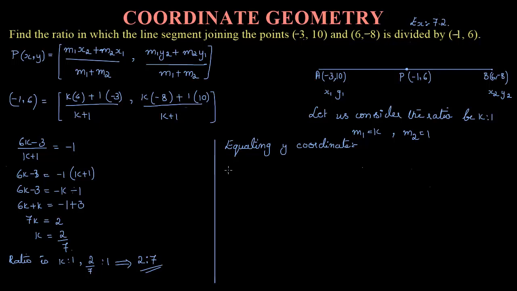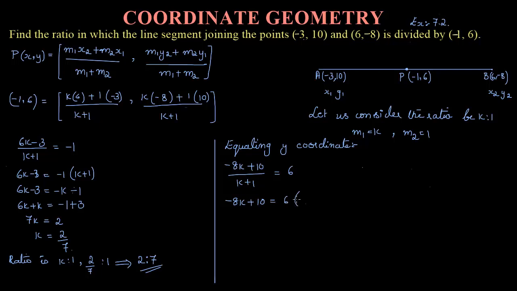So y coordinate here and here is the second part, right? So k into minus 8 is nothing but minus 8k plus 10 ones are 10, divided by, again here also k plus 1, which is equal to the second part of this, which is 6, right? So the second part is nothing but your y coordinate. Again you need to do cross multiplication.